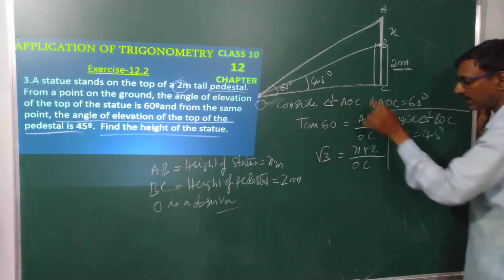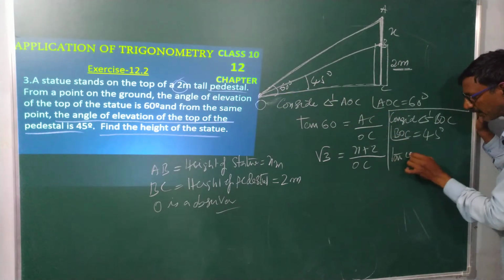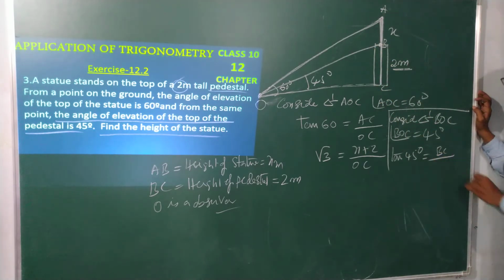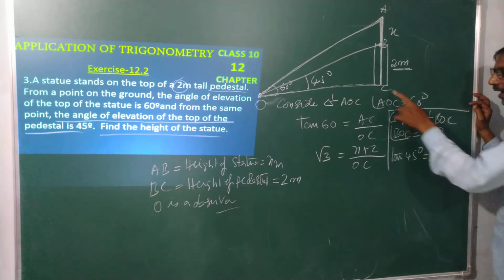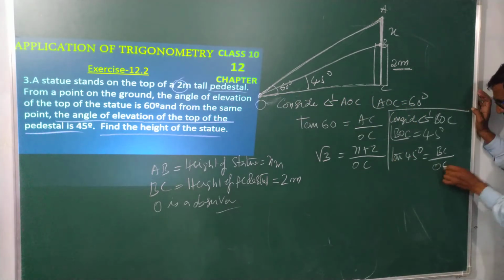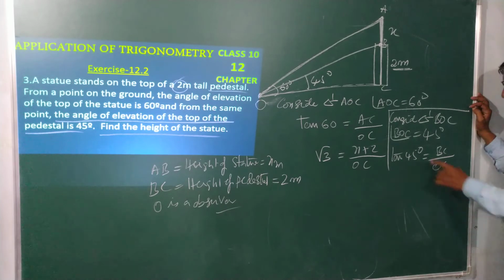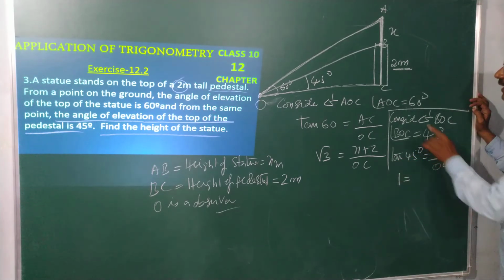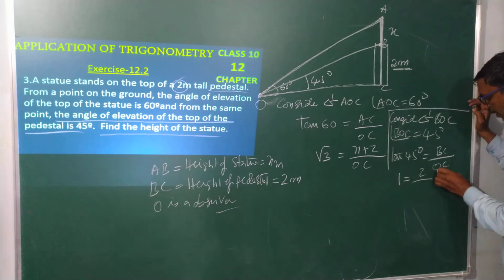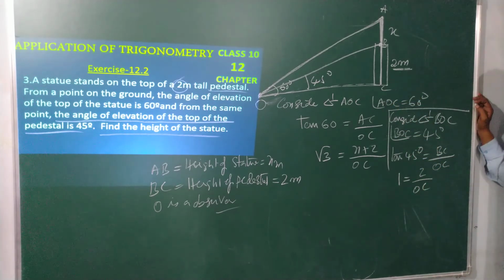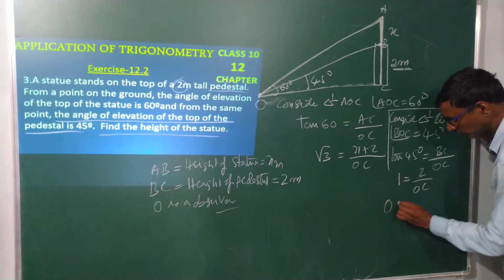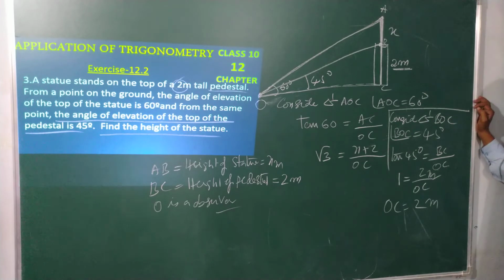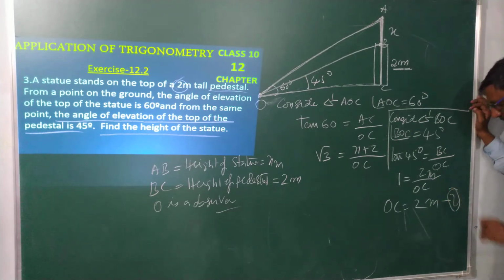From this right angle triangle, tan 45 degrees is equal to the opposite side BC divided by OC. The tan 45 degrees value is 1, so 1 equals BC, 2 meters, divided by OC. Then OC is equal to 2 meters. This is equation 2.